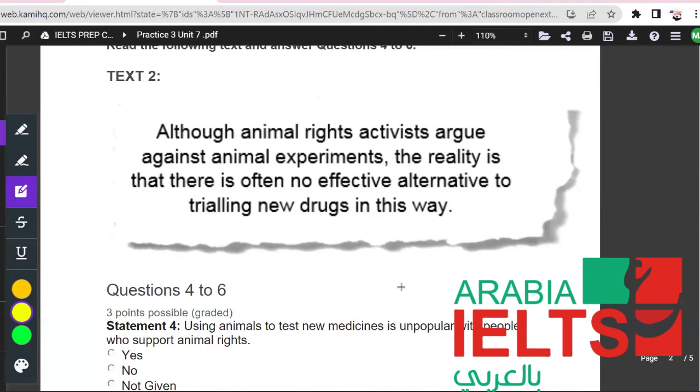So it's like they don't agree with that. Unpopular means they don't agree. When I want to say it's not a popular opinion, it means it's not a good opinion, but in a nice way. I'm not going to say it's a wrong opinion. They say it's unpopular, so maybe 1% of people think that way. Good. So this one is yes, because it agrees with the writer's point of view.